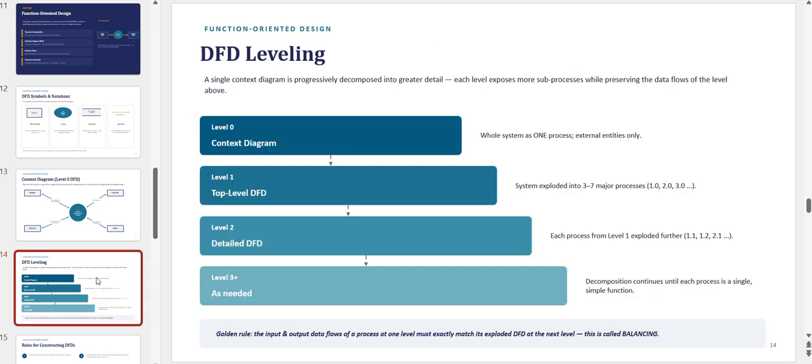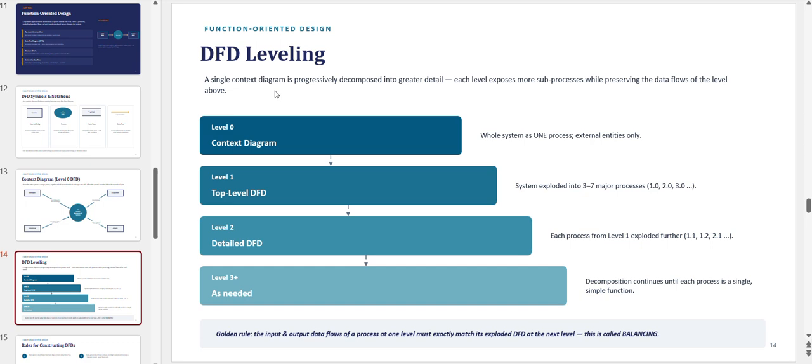Now we will see DFD leveling. A single context diagram is progressively decomposed into greater detail. Each level exposes more sub-processes while preserving the data flows of the level above. Level 0 is the context diagram, level 1 is the top-level DFD, level 2 is the detailed DFD, level 3 is as needed. Level 0 is the whole system as one process, with external entities only.